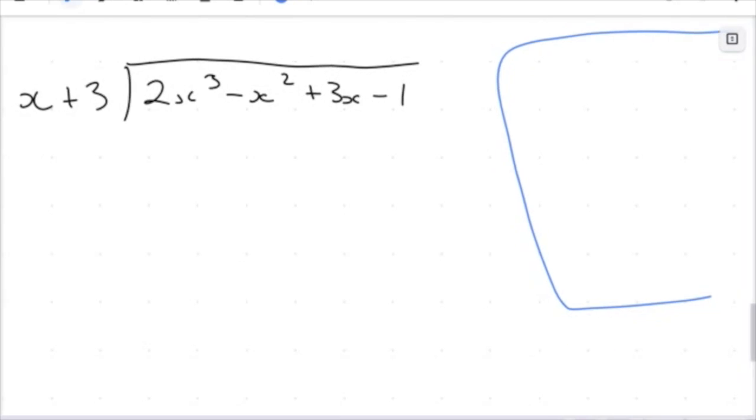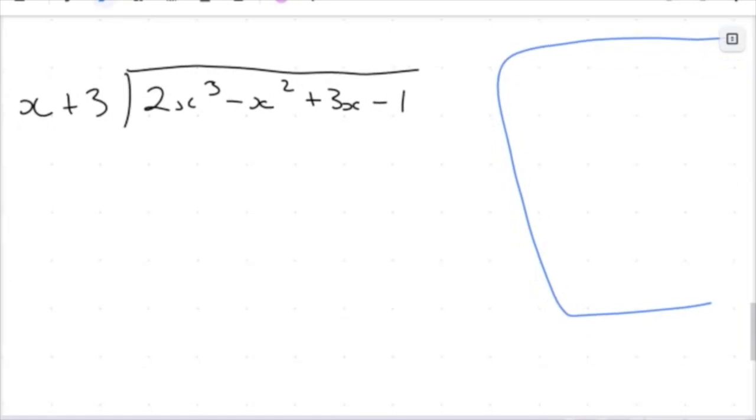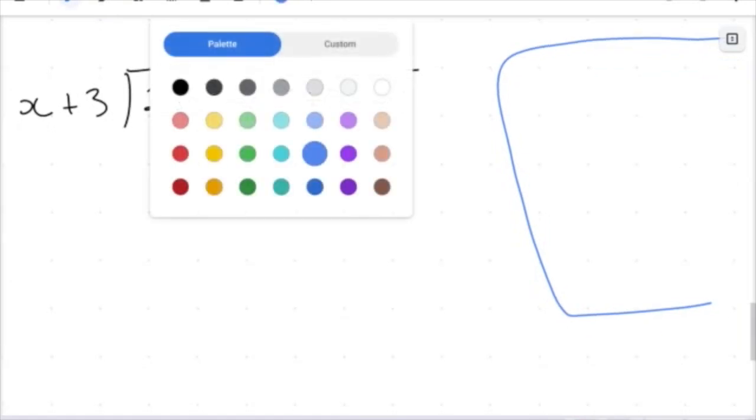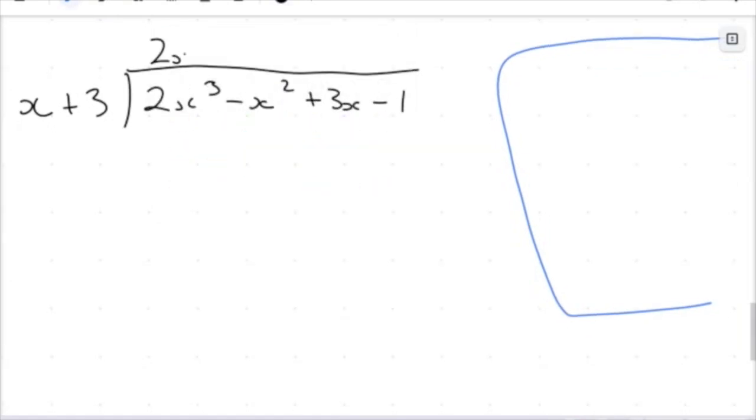So we can see here that, once again, the x is a common factor here, here, and here. So when we divide these things through, we are going to be seeing how many times x goes into each of these. So the first one, x goes into 2x cubed, 2x squared times.